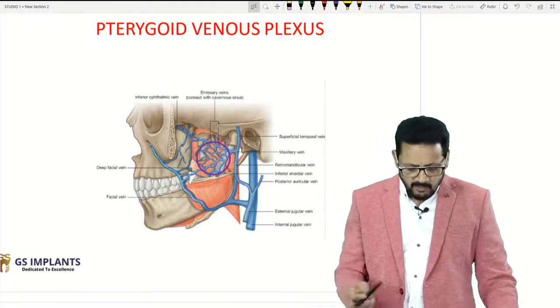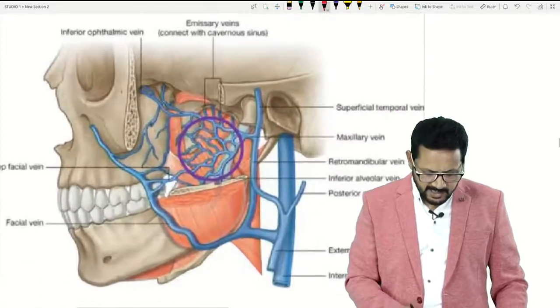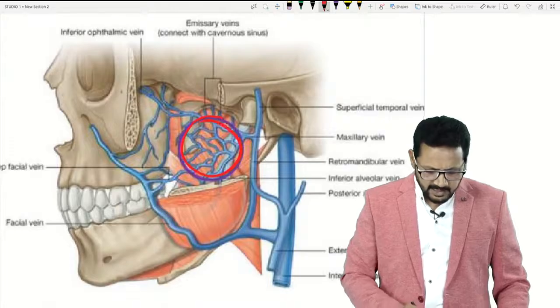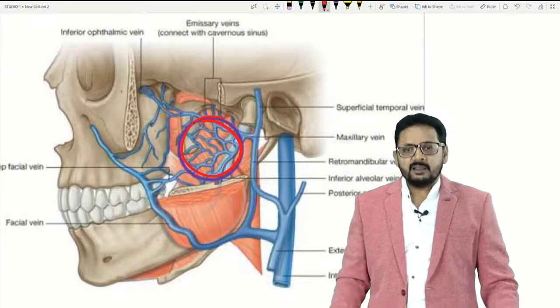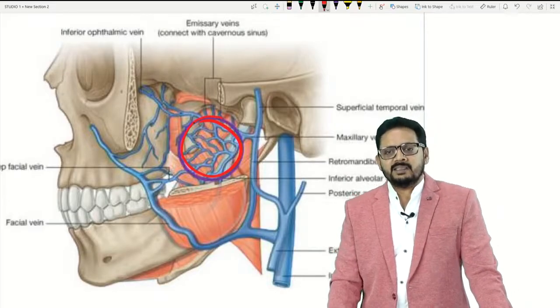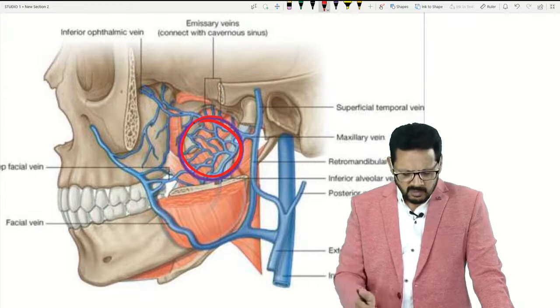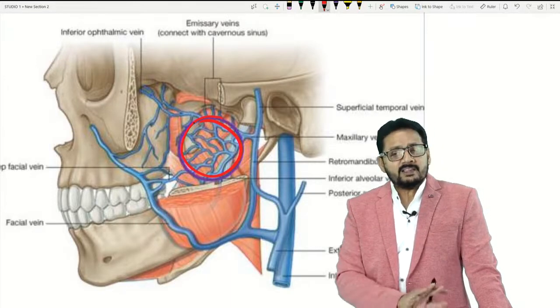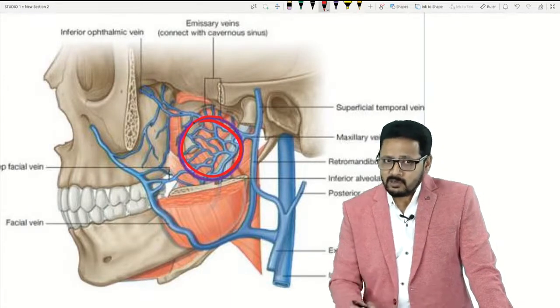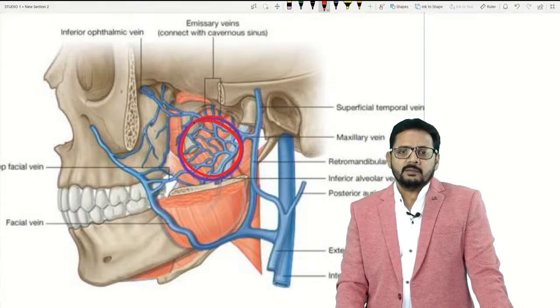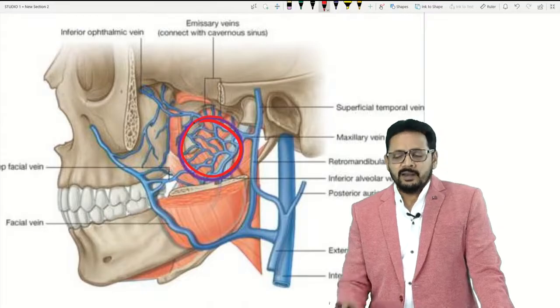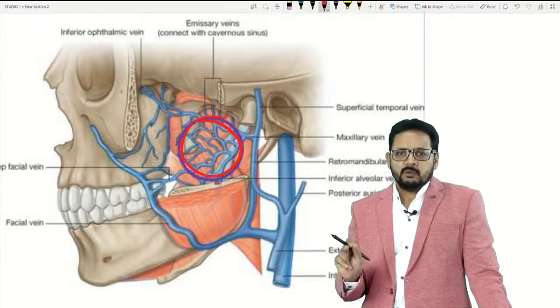Now, if you see here in the diagram, the circle here, it is a confluence of major veins like the superficial temporal vein, maxillary vein, retromandibular vein, right? All these major veins. We are actually not bothered even about that.